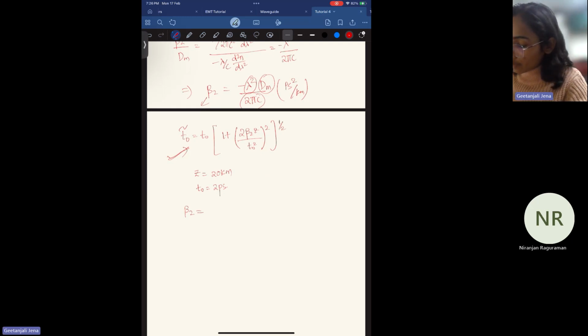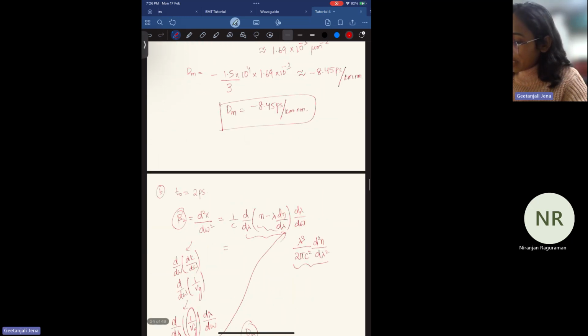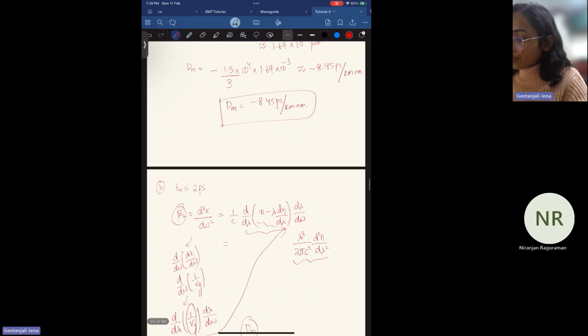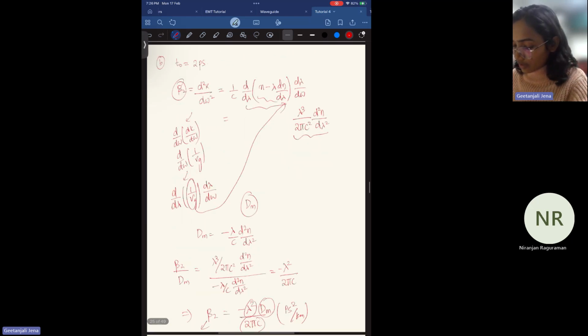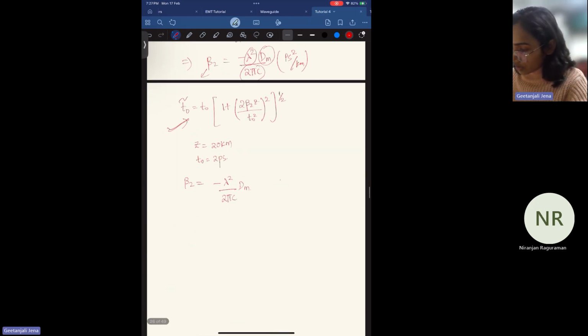Beta 2 is given by minus lambda square over 2 pi c dm. So what is the value for dm? It is minus 8.45 picosecond per kilometer nanometer. So dm we have minus 8.45 picosecond per kilometer nanometer.